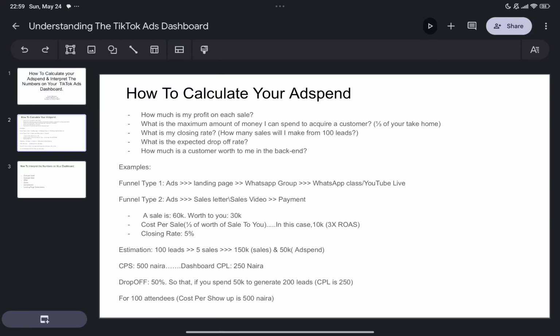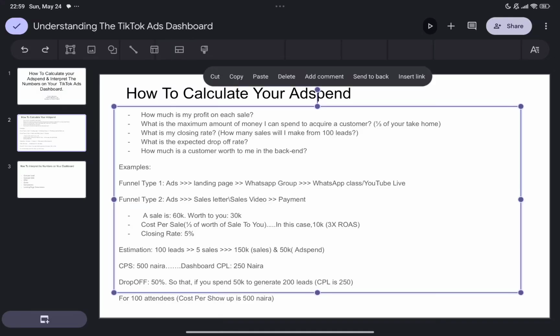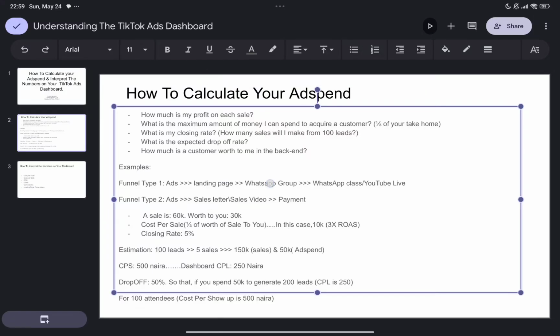But not everybody that is inside this WhatsApp group comes to this WhatsApp class. So your cost per lead, which is the cost of getting people from this landing page to this place, is different from the cost of getting people from this landing page to this WhatsApp class.